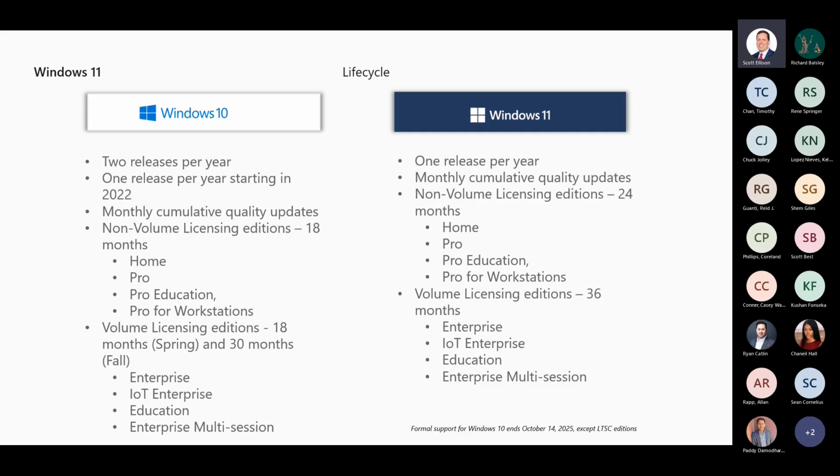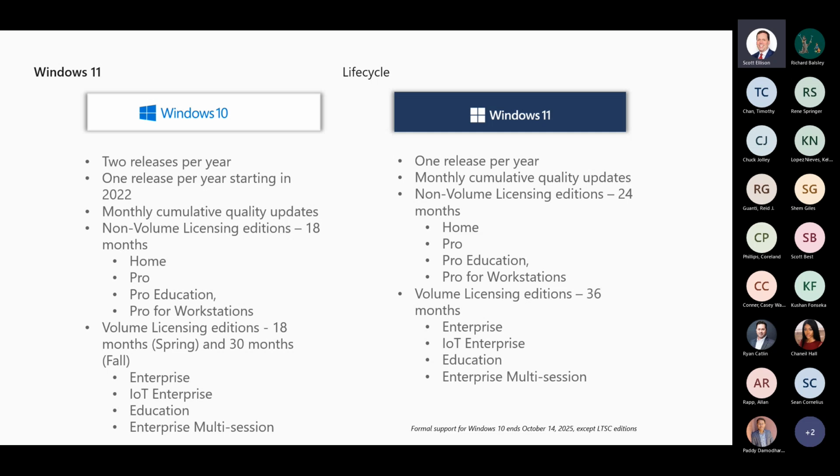In Windows 11, all our Home and Pro SKUs have moved to a 24-month life cycle. What that means is that from the point of general availability, we will support that version of Windows 11 for 24 months with security updates and non-security related fixes.